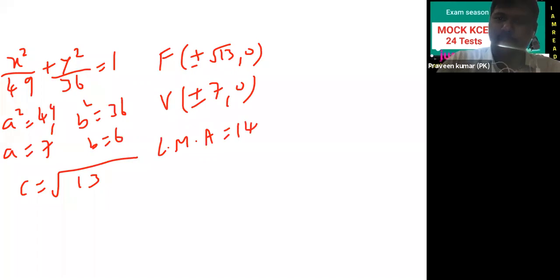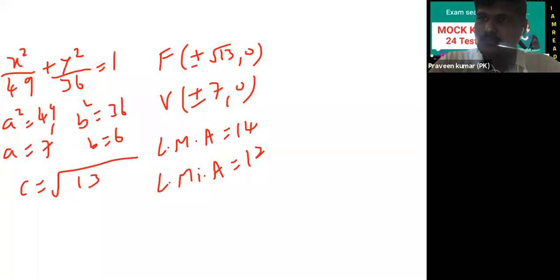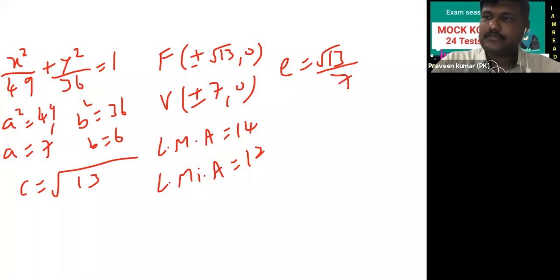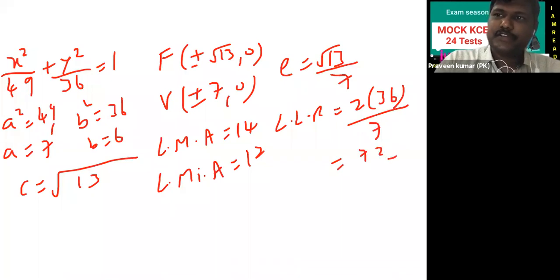2 7s are 14. Length of minor axis, 2 6s are 12. Eccentricity C by A, root 13 by 7. Length of latus rectum 2b square by A, 72 by 7.